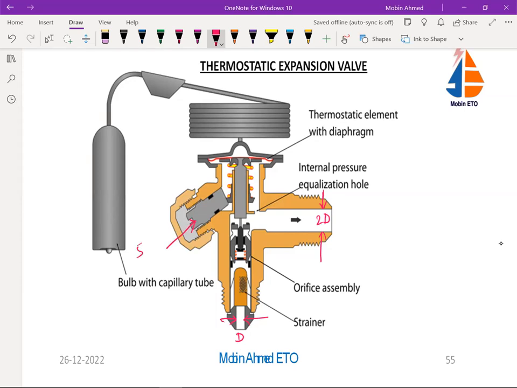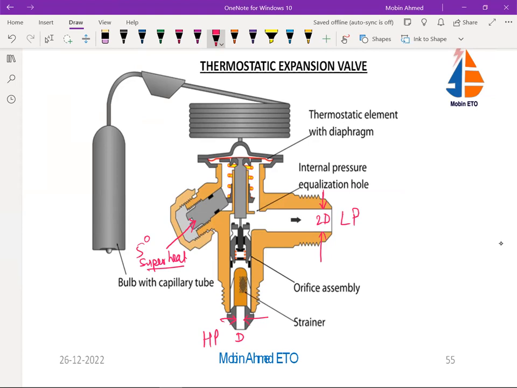Here what we set is always 5 degree superheat. You can see there is a strainer here, this is the orifice, and when it opens, this side is the LP, low pressure, and the entering side is the HP, high pressure.